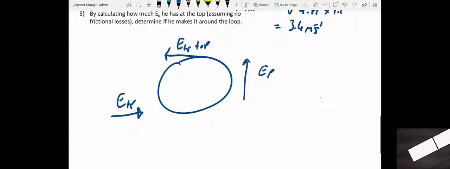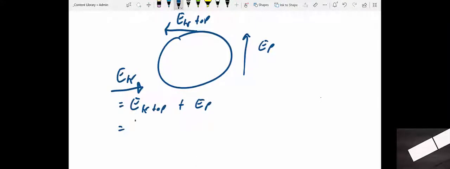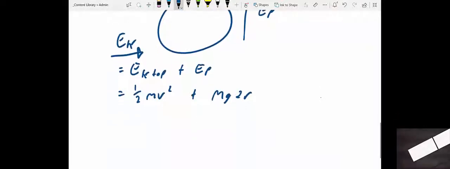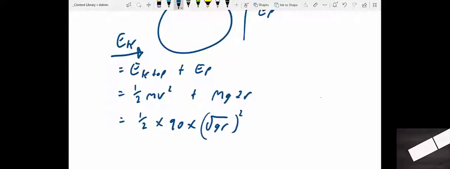The EK going in is going to equal EK top plus EP. And so this is going to be a half mass times velocity squared plus mg2r. So it's a half times 90 times the square root of gr all squared.